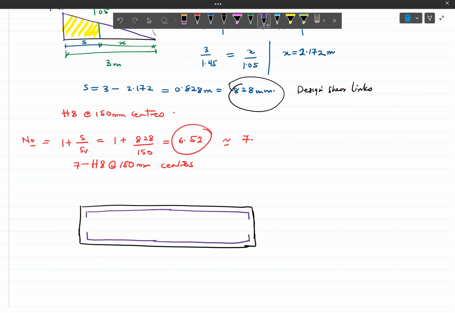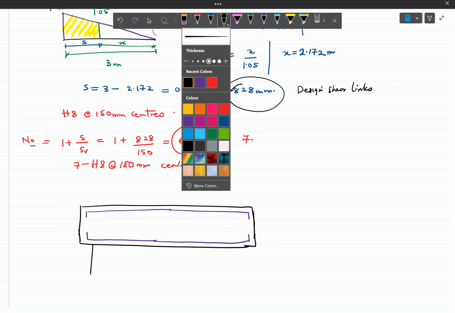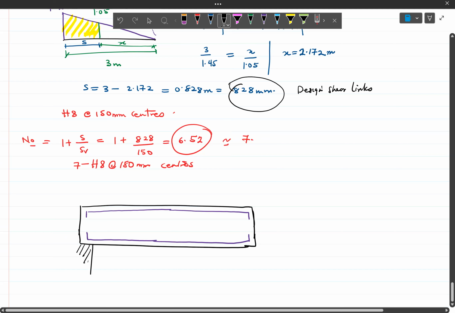Okay, so let me put my columns somewhere here. All right, great. So this is the start point.